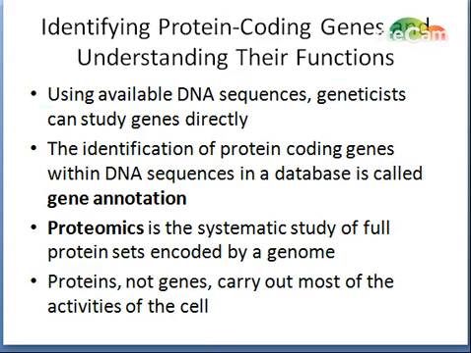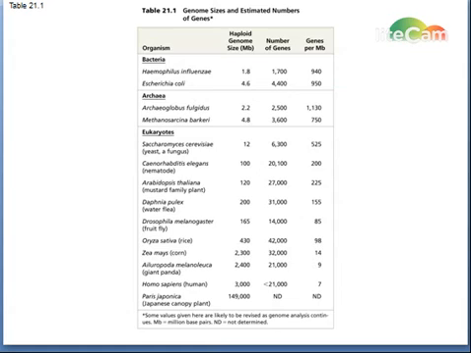Humans have about 3,000 million base pairs in our genome. This table shows the different genome sizes and the estimated number of genes found in different organisms. You can pause this and take a look by zooming in or enlarging your picture.